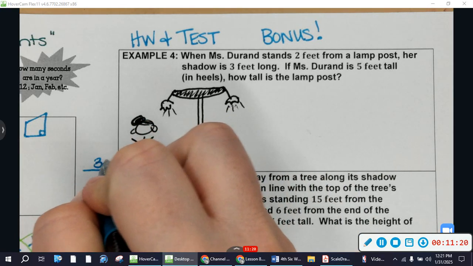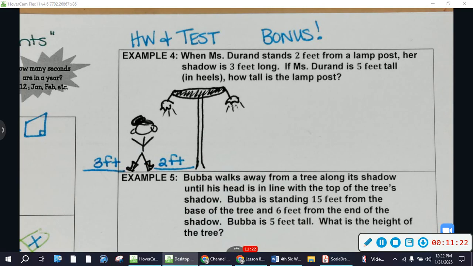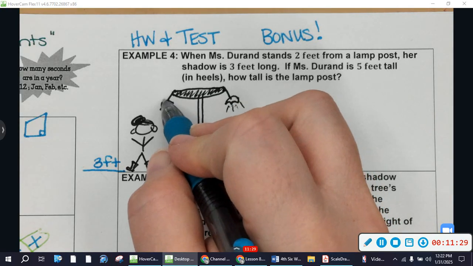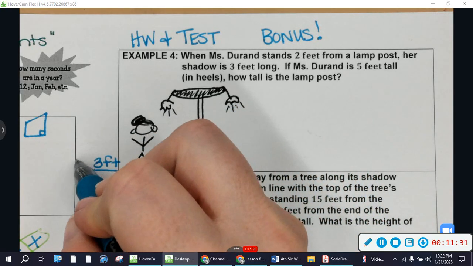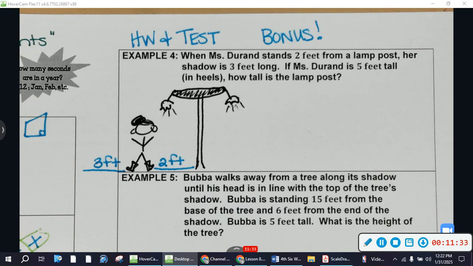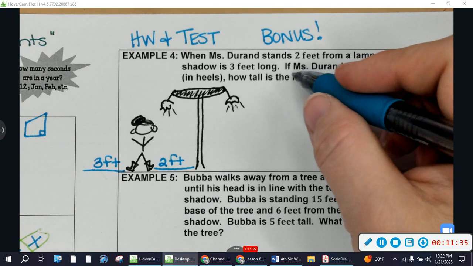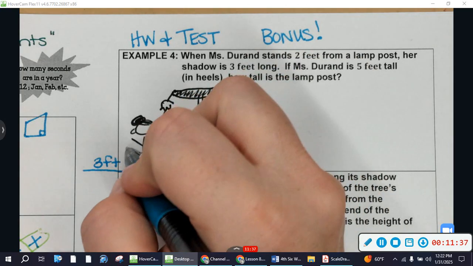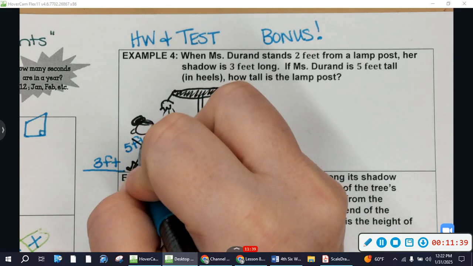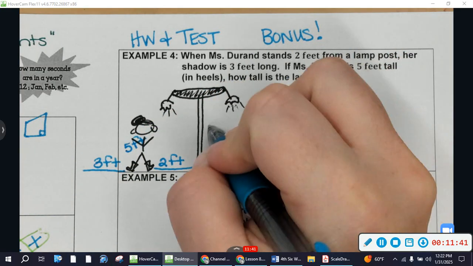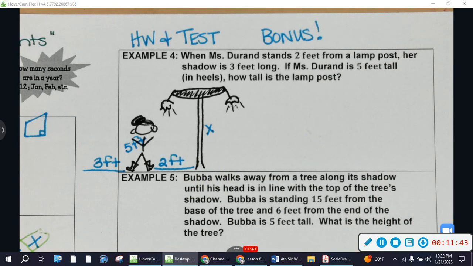So here's my shadow. If the light's back here, remember, my shadow would be coming that direction. And if I am 5 feet tall, then how tall is the lamp?